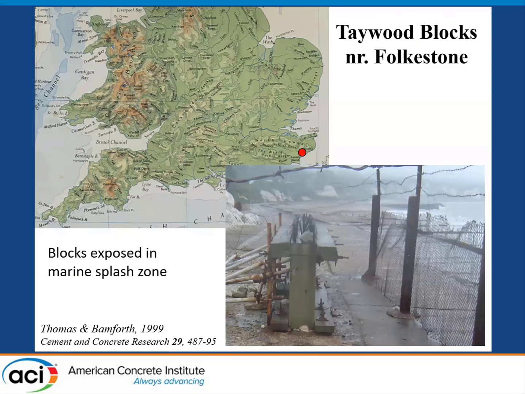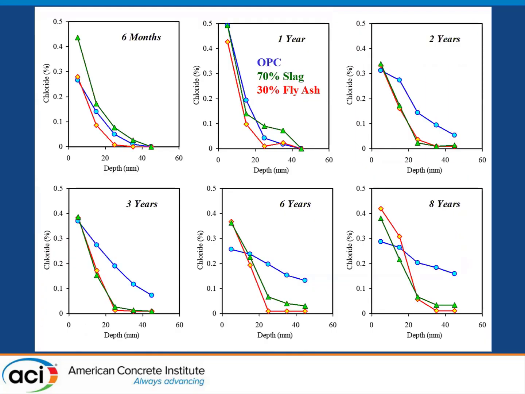But I would like to talk briefly about some data from the UK where concrete has been exposed in the splash zone. It's set well back from the sea, but frequently gets splashed. Here we had 3 different mixes and only 6 different ages of chloride profiles before the blocks were stolen and used for anchors.